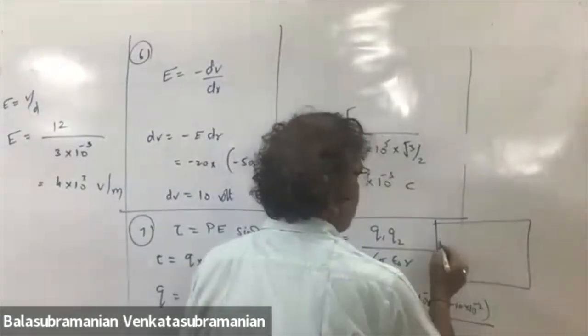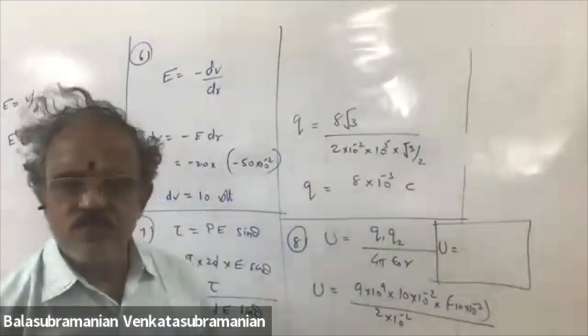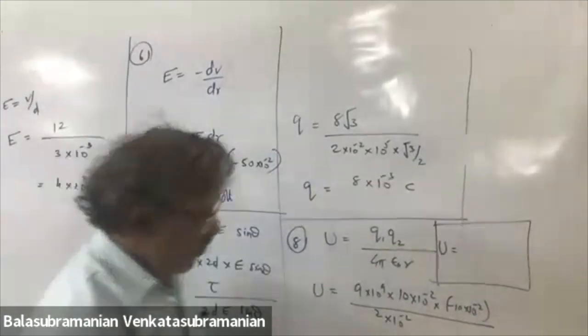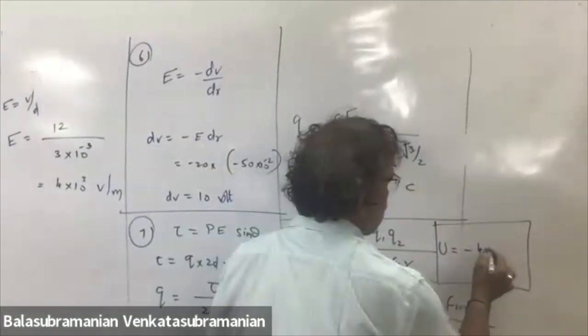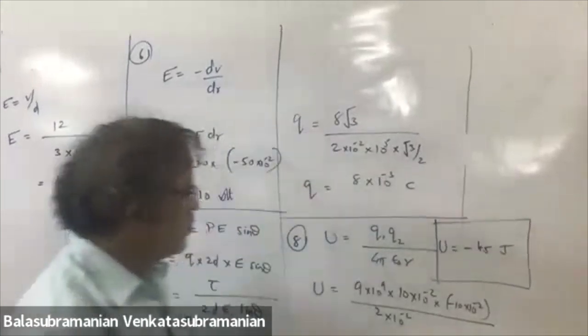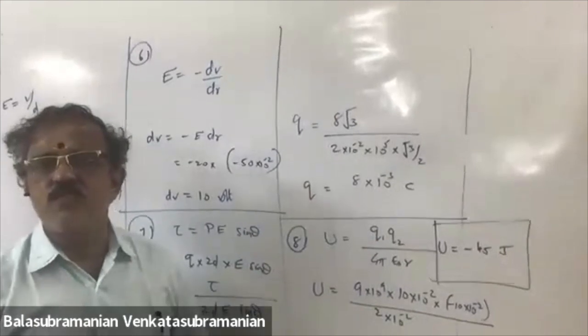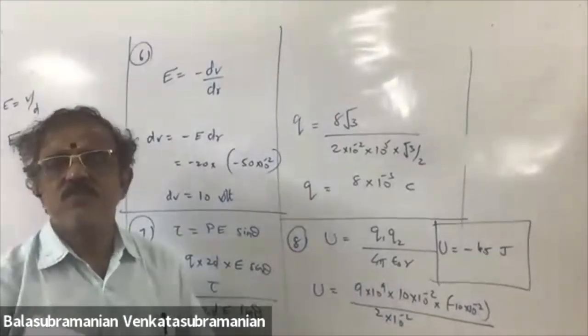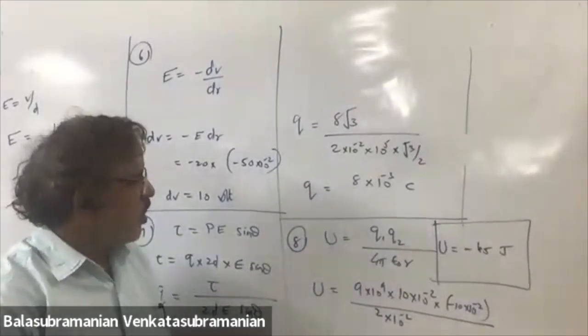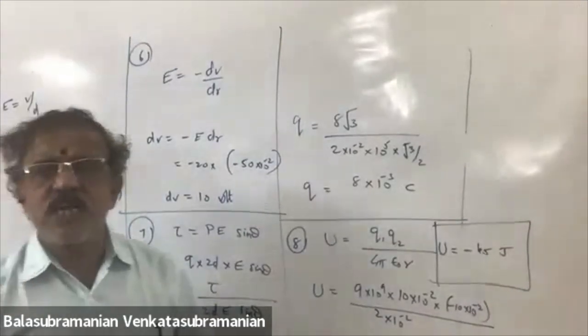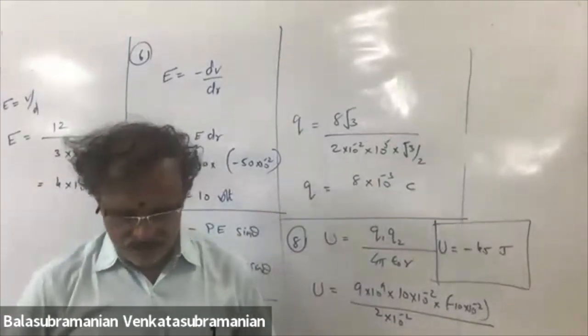Simplify, you will get U is equal to minus 45 joules, because here you have a minus sign. So minus 45 joules is the answer. Straight problem for electric potential energy of the system.